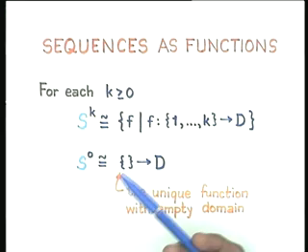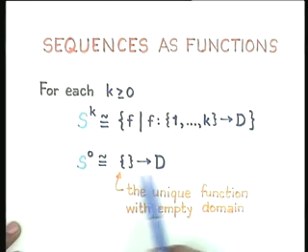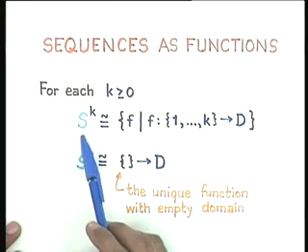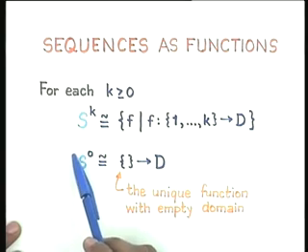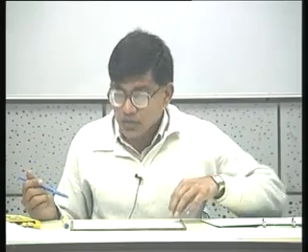The domain is empty, so it does not matter really what the codomain is. I mean there is only one possible function from the empty set to any domain D. Okay. So you can look upon the empty sequence as just such a function and you can look upon any k length sequence for k greater than 1 as a function from 1 to k to D, right.